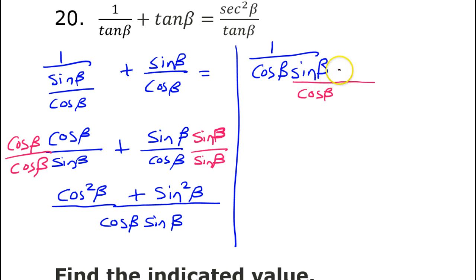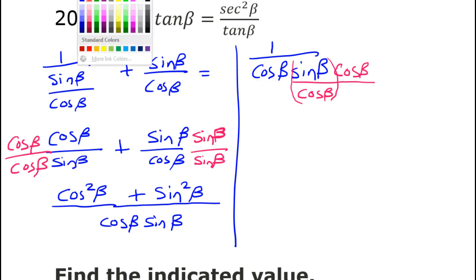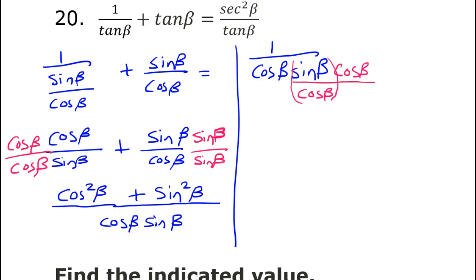Well, I can't just do that. I can only multiply by cosine over cosine. So I'm going to need an extra cosine beta. So I'm really doing cosine over cosine. But if you focus on this half, sine over cosine, this portion right here is tangent. Okay, so at this moment, here's what I have.